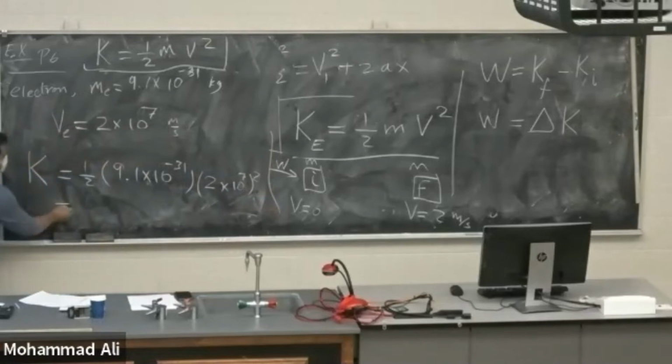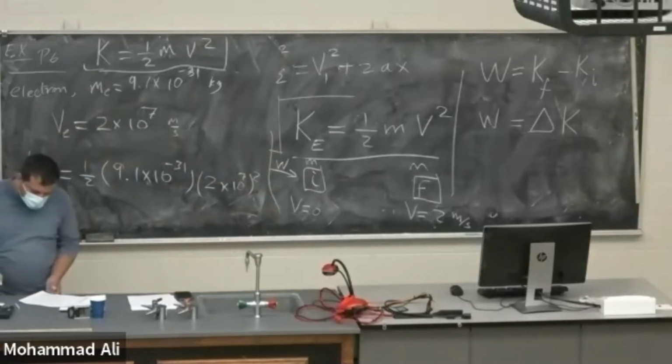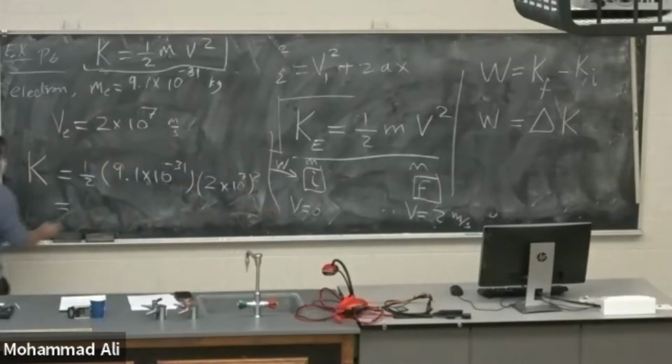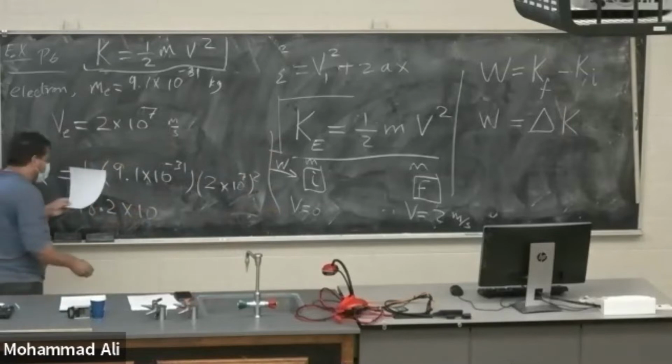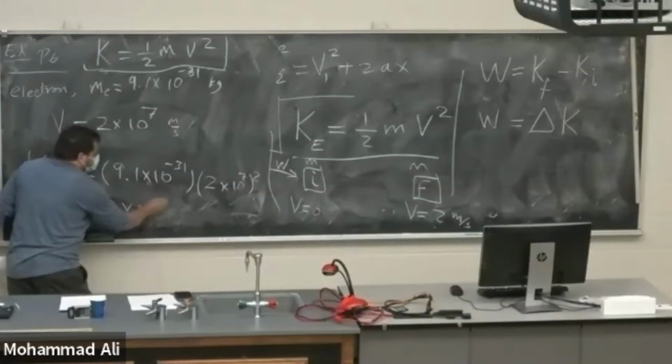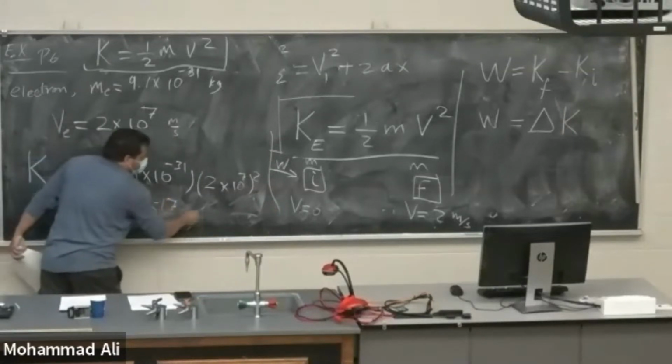This will give us its kinetic energy in joules: 18.2 multiplied by 10 to the negative 17 joules.